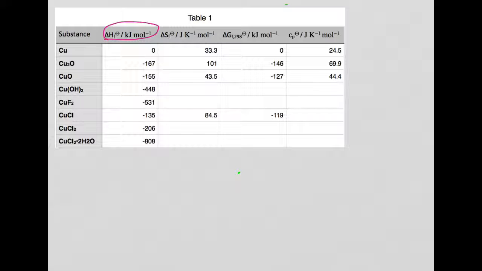Essentially, if I take this data here for the copper oxide, what it is saying is ΔHf standard divided by kilojoules per mole is equal to minus 167.